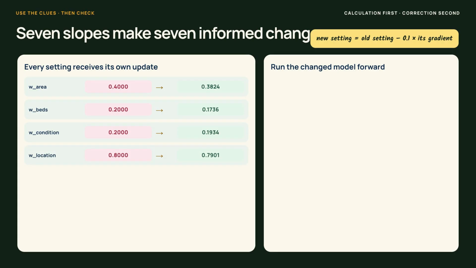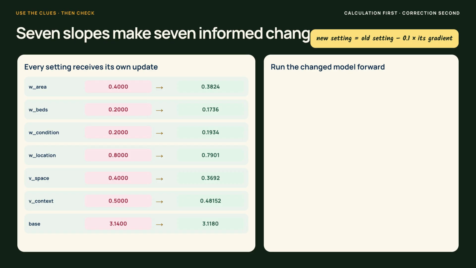Location changes from 0.8 to 0.7901. The space multiplier becomes 0.3692. The context multiplier becomes 0.48152. And the base becomes 3.118.